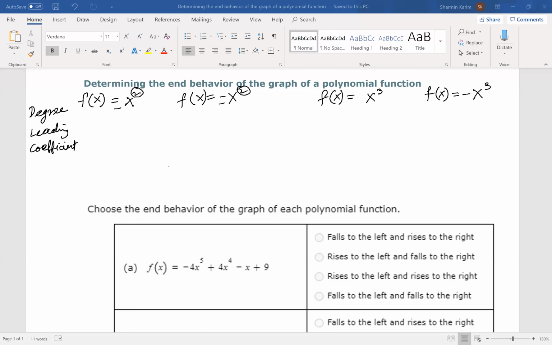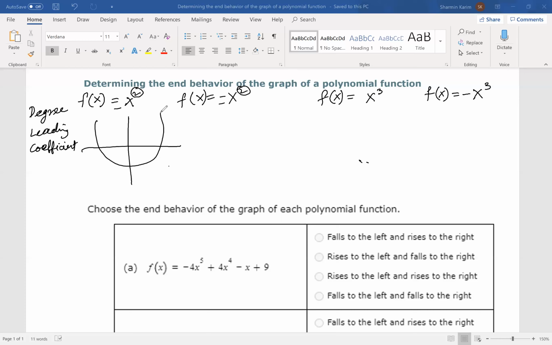So if the degree is an even number and the leading coefficient is positive, if I graph that function, the graph goes like this.